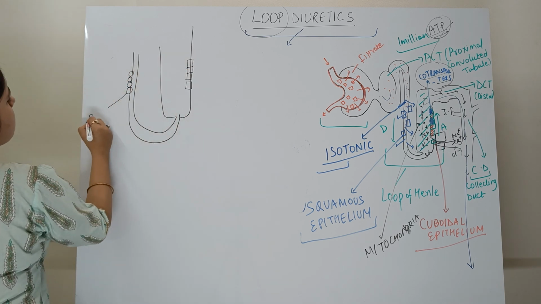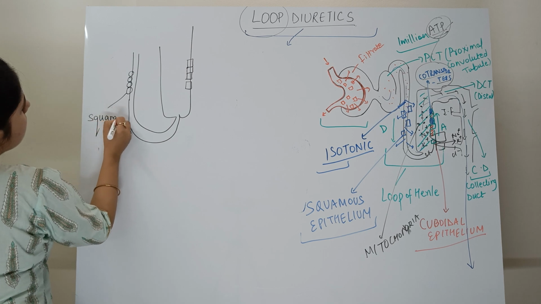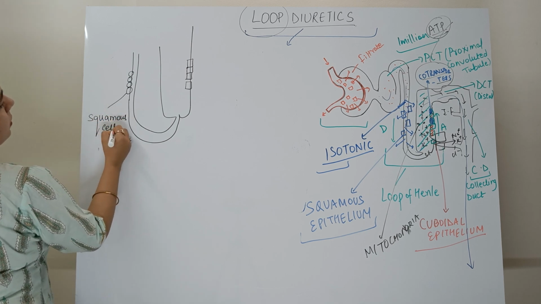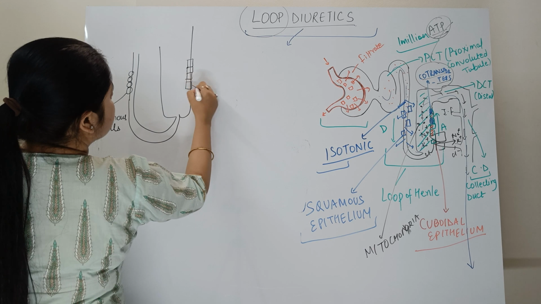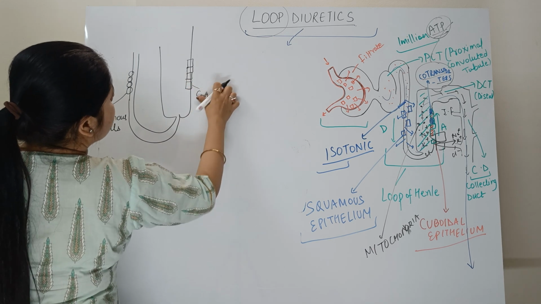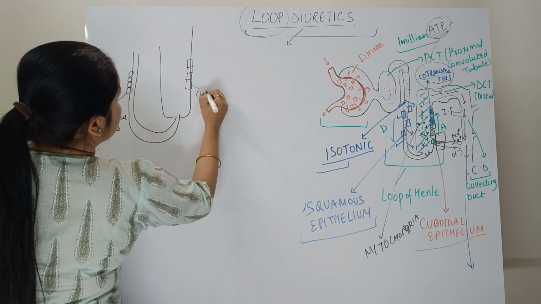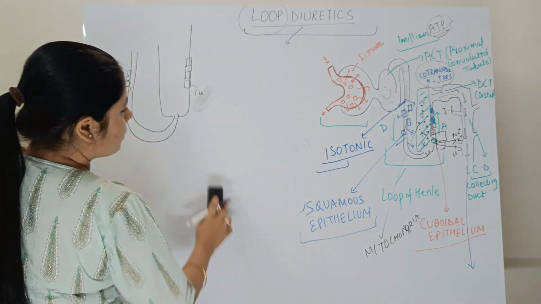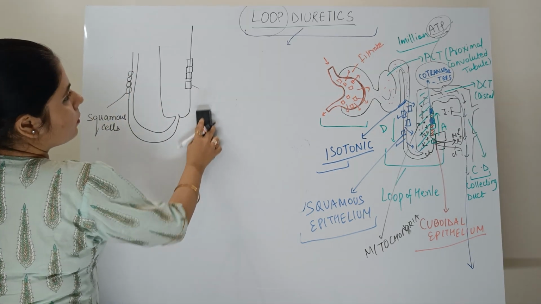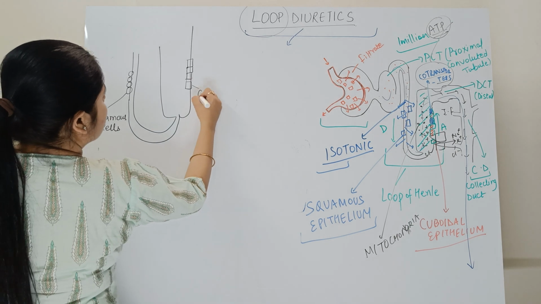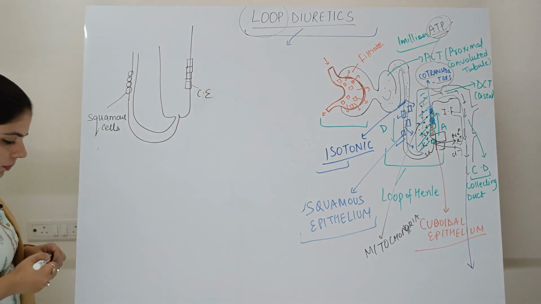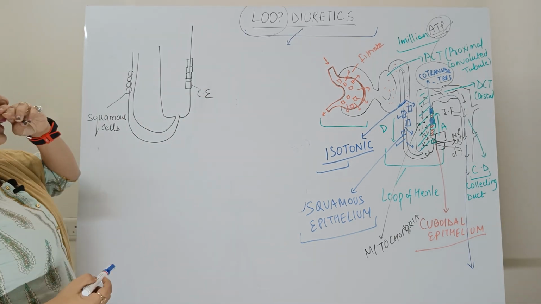The squamous cells, and these are the cuboidal. Okay. So now what is happening with the loop diuretics?